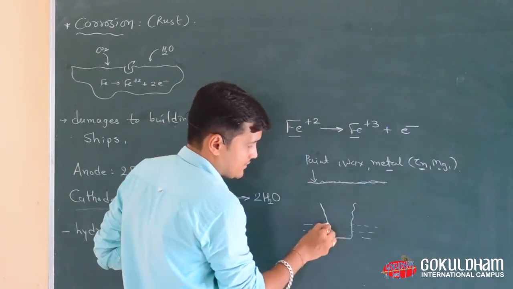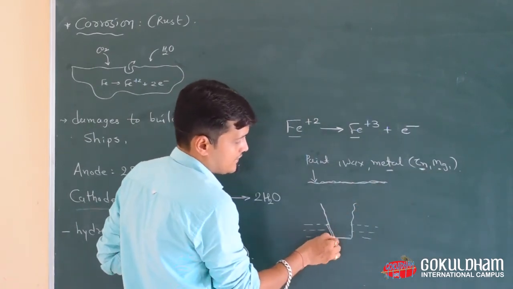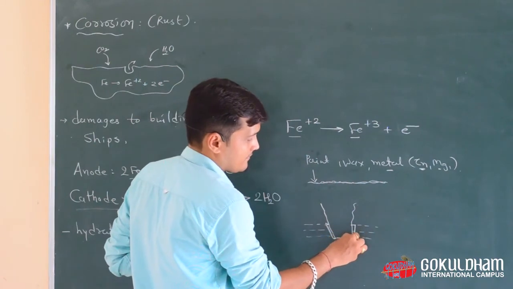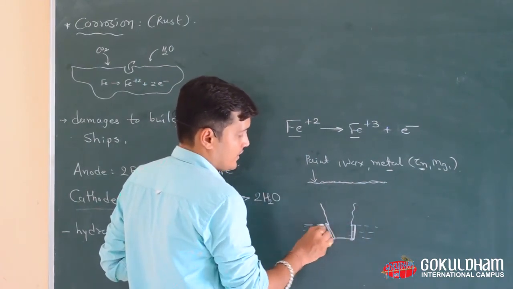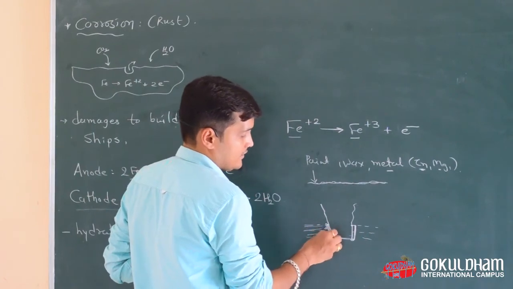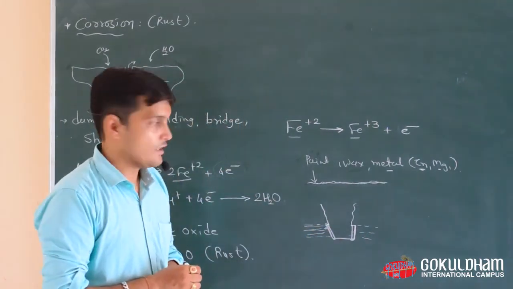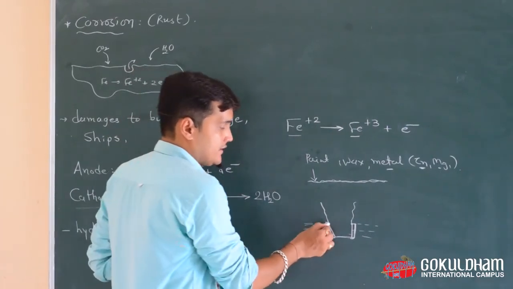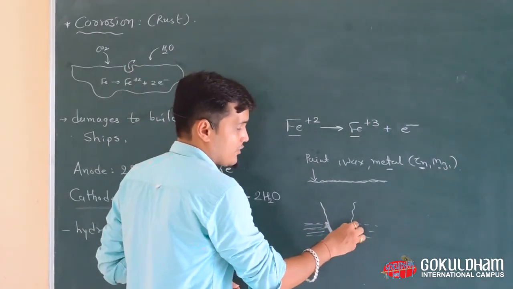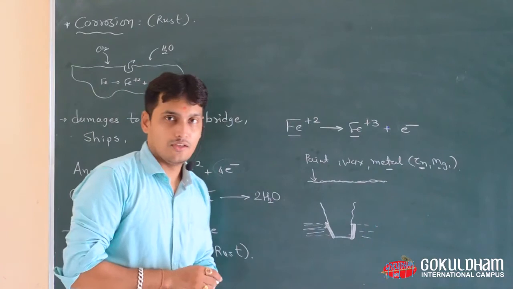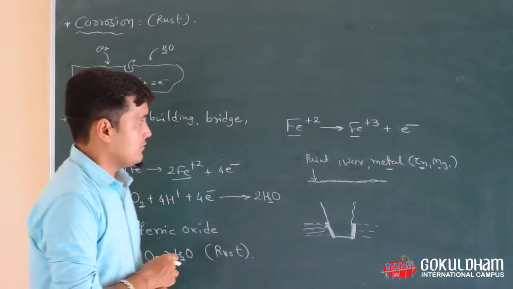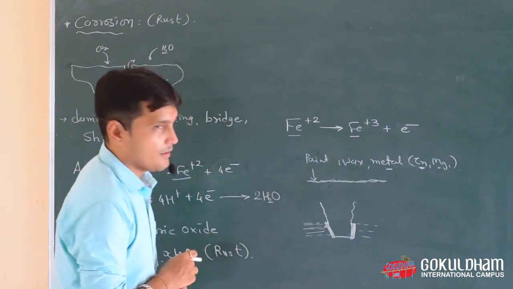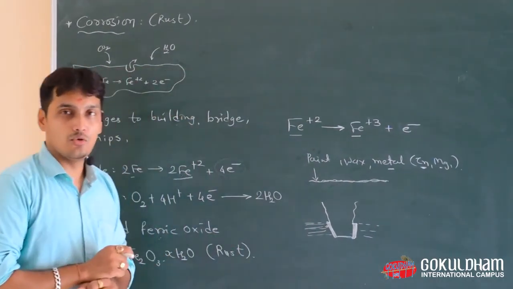These zinc metals are covered on the ship's outer surface, so the water is in direct contact with the zinc metal. So zinc and magnesium are known as inhibitors, or you can say sacrificial electrodes. These are the ideas for prevention of corrosion.